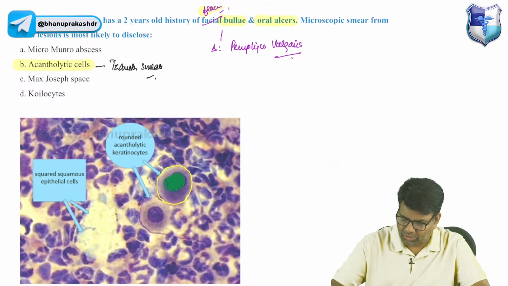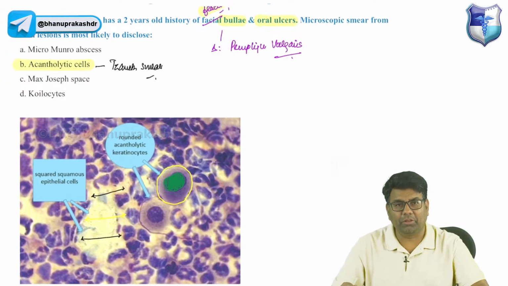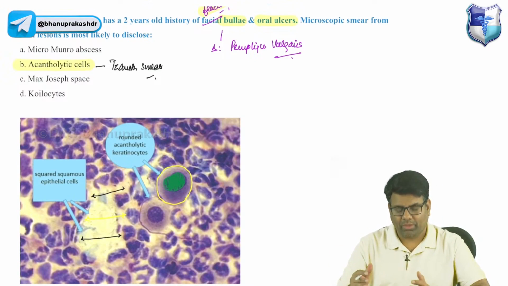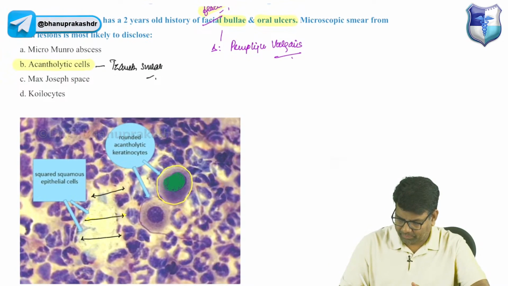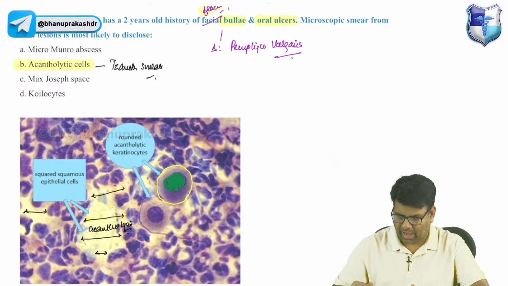And in this image also, you can clearly see the acantholysis. You can see that there is so much of gap between the keratinocytes. Normally, the keratinocytes in the epidermis are very tightly packed because of desmosomes. But here you can see there is a gap, and this is known as acantholysis. Since it is seen within the epidermal layer, it is known as intraepidermal acantholysis. Clear? So acantholytic cells on Tzanck smear in a case of pemphigus vulgaris.